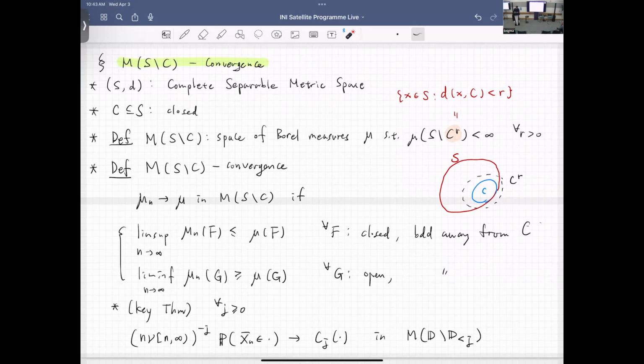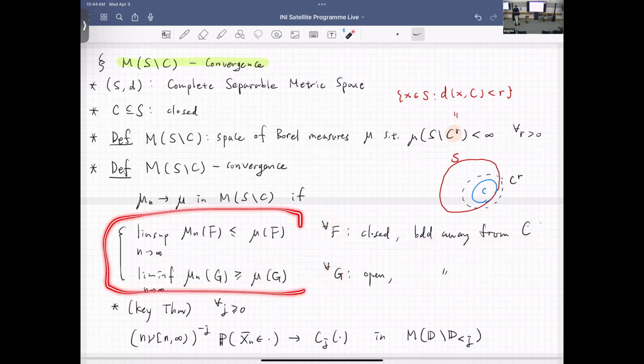Okay, so the convergence in this space is defined in this way. We say that mu_n converges to mu in this space if the lim sup of the measure of a closed set F is bounded by the limit measure of F, and the lim inf of the measure of an open set G is bounded from below by the limit measure of G, with the extra condition that F and G have to be bounded away from C. Do you see that?